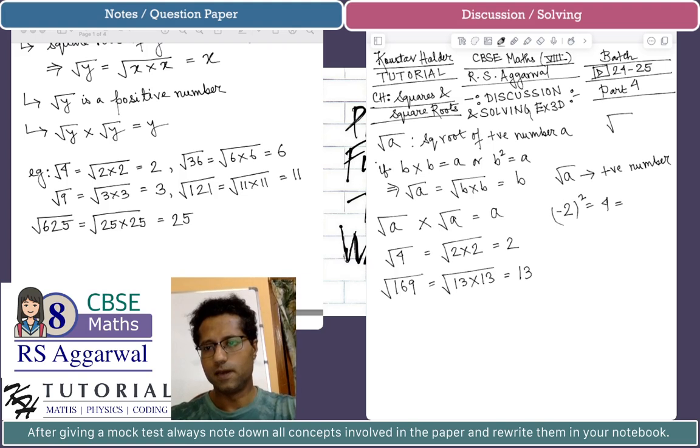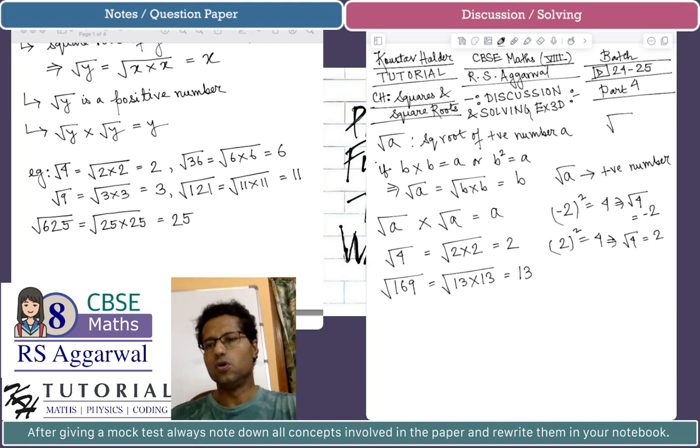So this will imply that square root of 4 is equal to minus 2. Again, 2 whole square is also equal to 4. So this should imply, as per the definition we have discussed, square root of 4 is equal to 2. Yes, this is true. The square root of 4 has two values, minus 2 and plus 2.